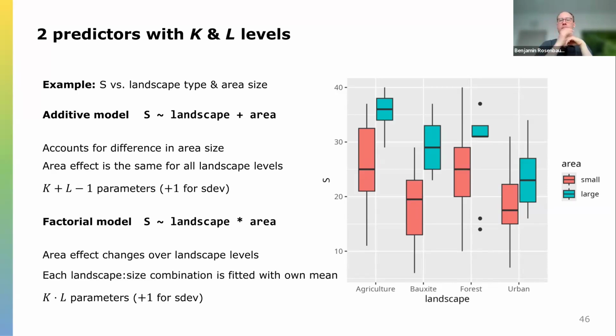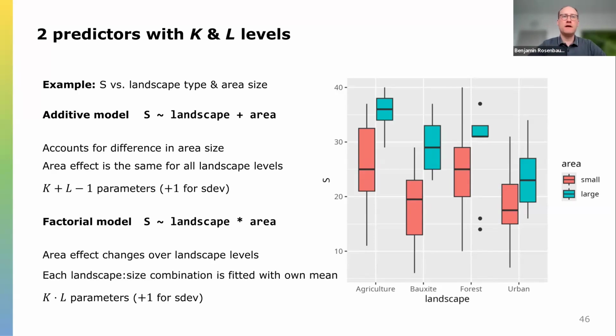So here are 8 different level combinations, but we only have 4 landscape levels and 2 area levels. So we don't have enough degrees of freedom to fit all the means independently. That's just not possible. So internally, for the model itself, we cannot use this mean coding. We actually have to use dummy coding.